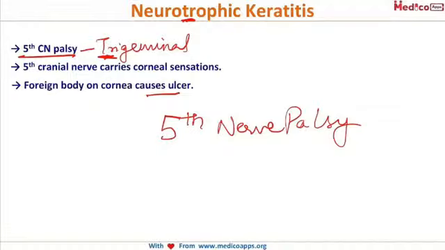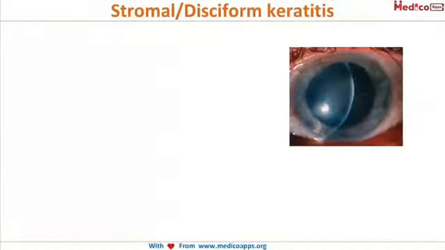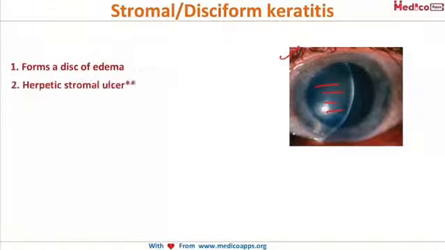Now let's go deeper and look at the stromal keratitis caused by the herpes virus. You can see in this picture the stroma is very hazy all over here. It forms a disc of edema, and this is a herpetic stromal ulcer. Now what you have to understand here is that it is not an infective condition.